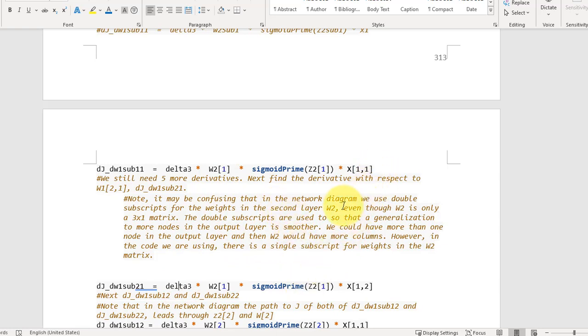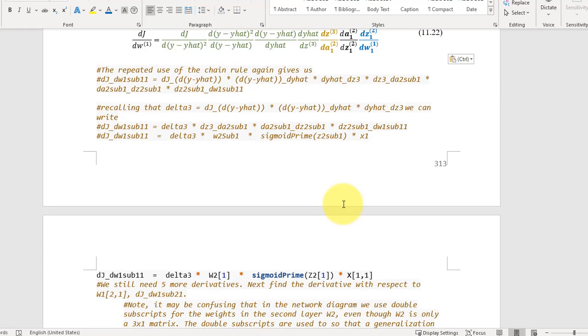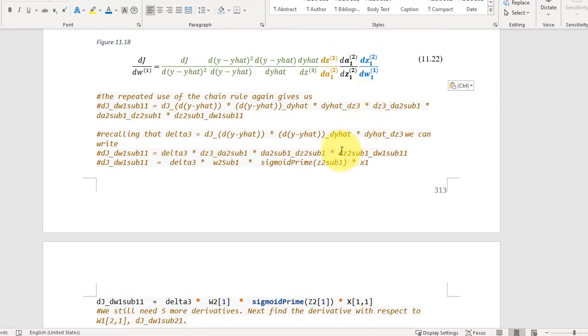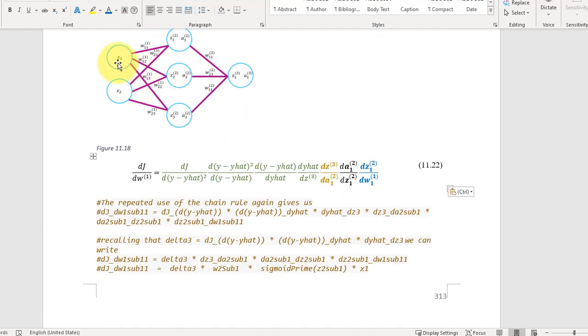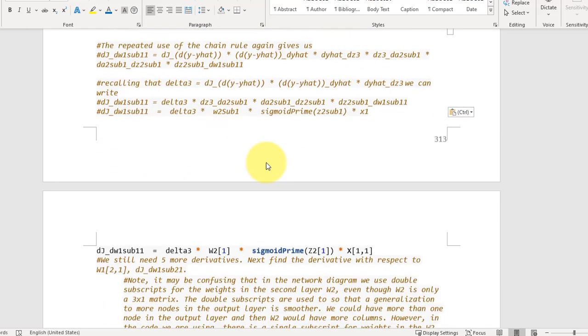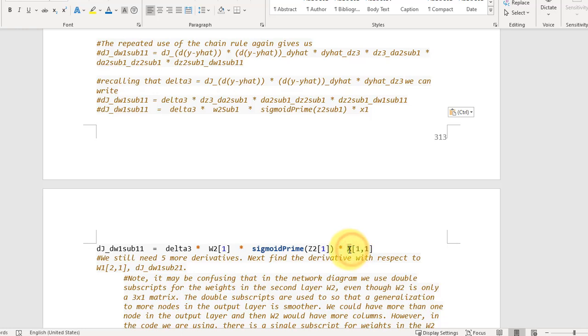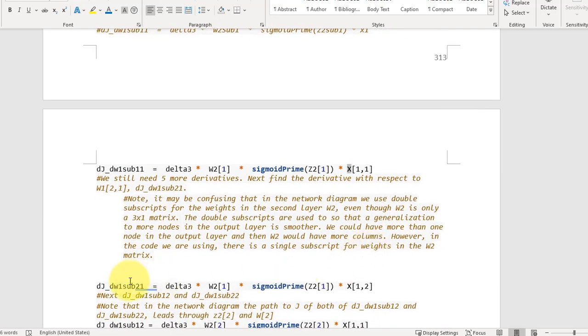So here, by the way, we said that we want x1, but one way to write x1 is the full X matrix and then the 1, 1 element. And then to get the new one, sub 2, 1, it's going to be the first row, second column.